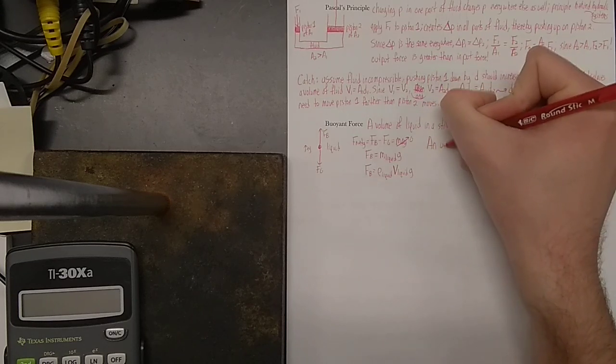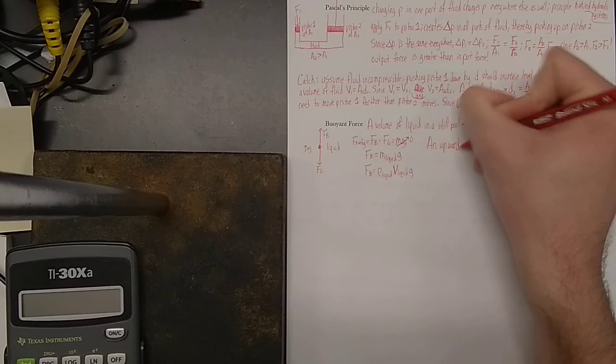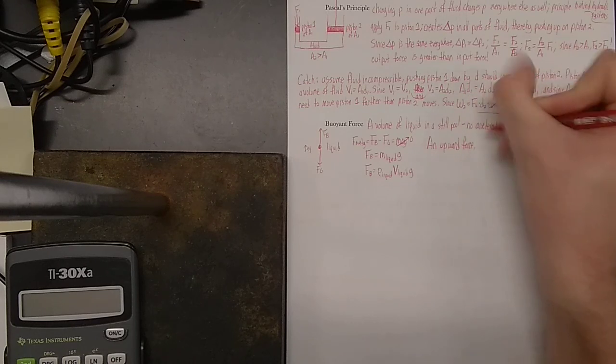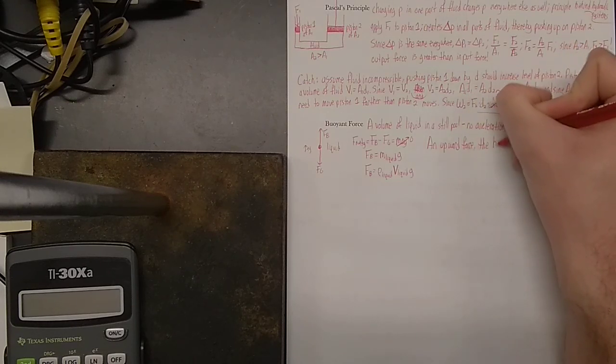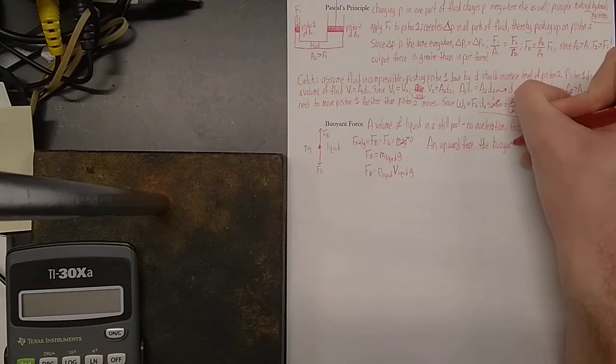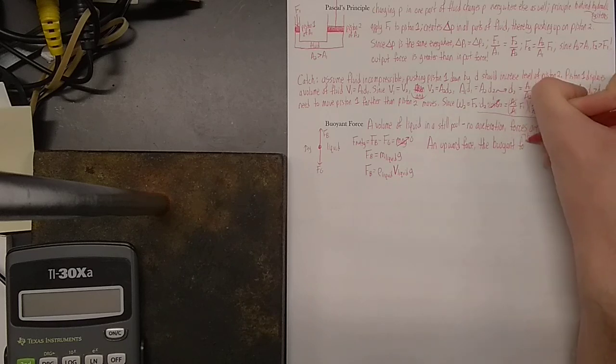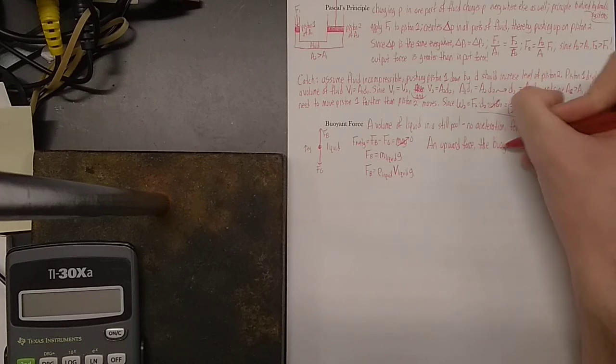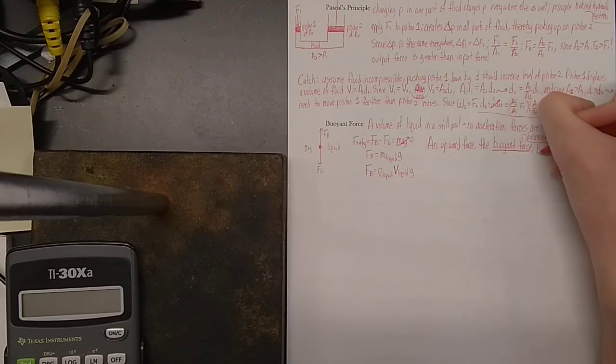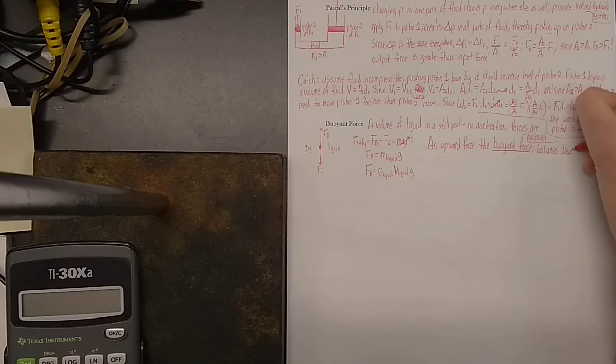So just to summarize, an upward force, which is known as the buoyant force, balances the downward Fg.